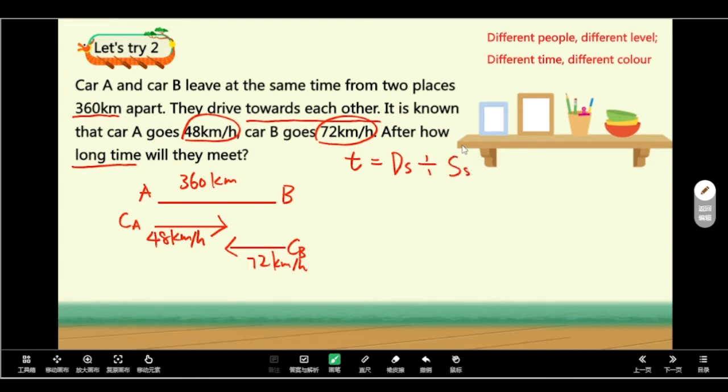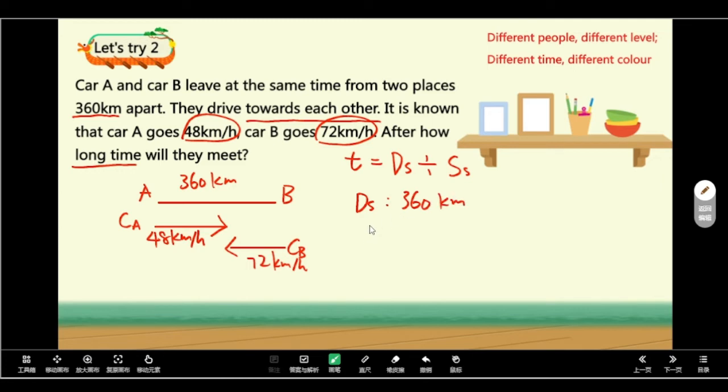Back to the question, can we find the sum of distance? Yes, it is 360 km, so we can mark it down.